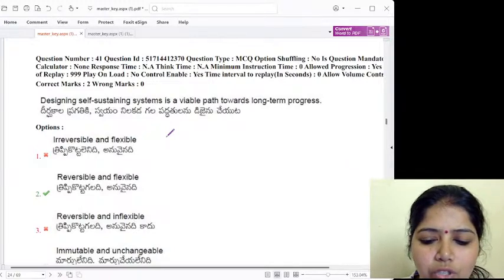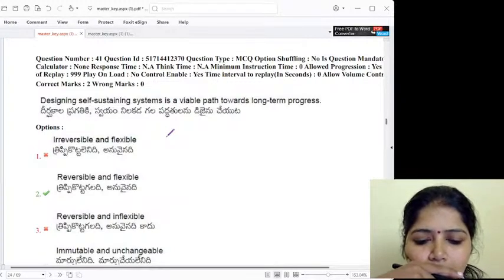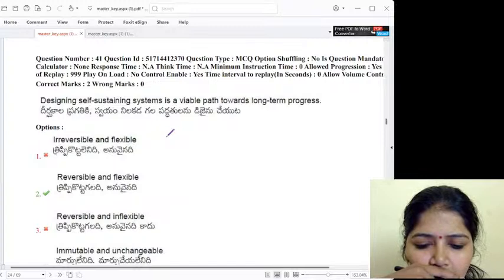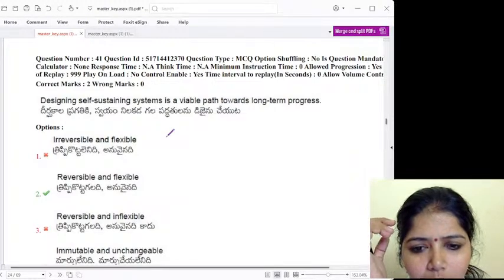They have given us reversible and flexible. Yes. A promising direction towards designing systems that are better.